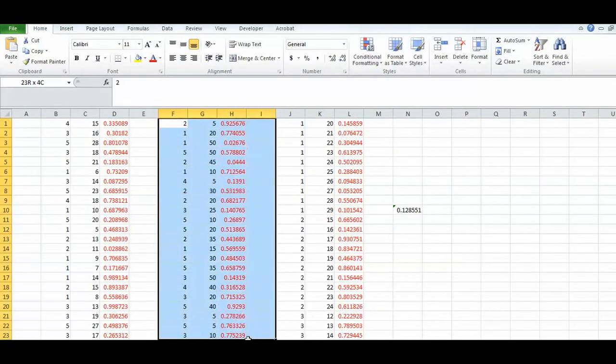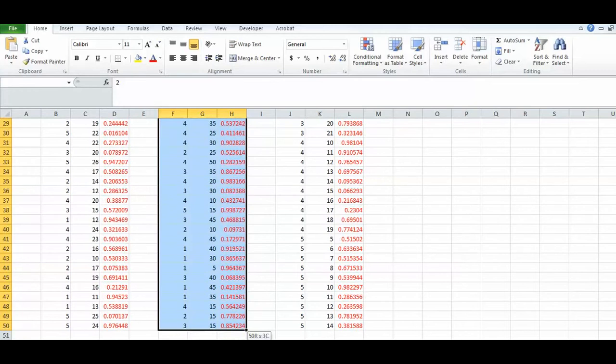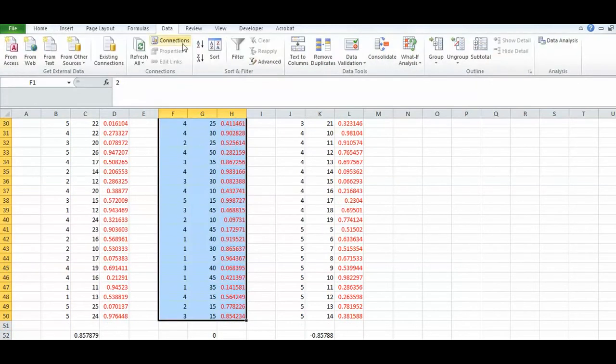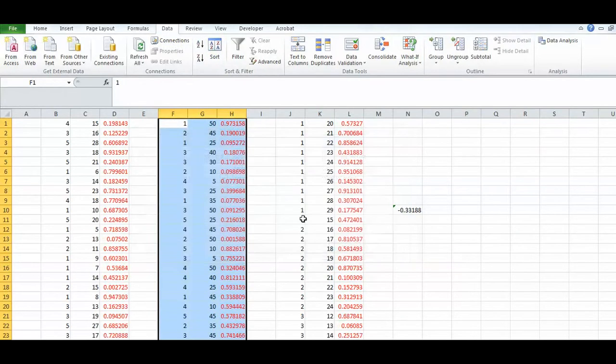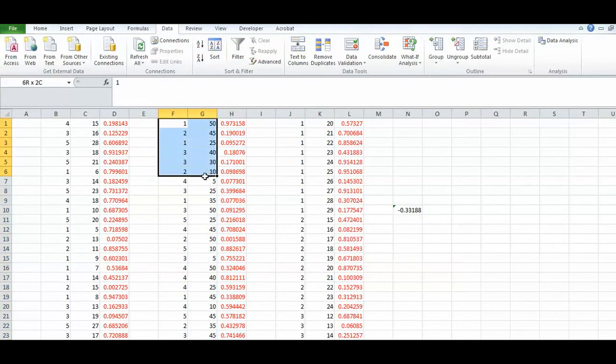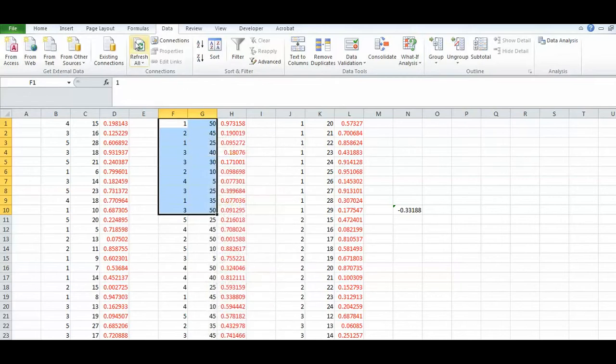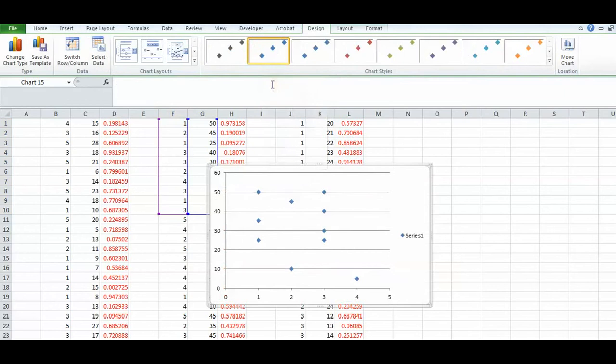Let's take another sample. It's a little bit of a negative correlation, actually, just because of this dot down here.